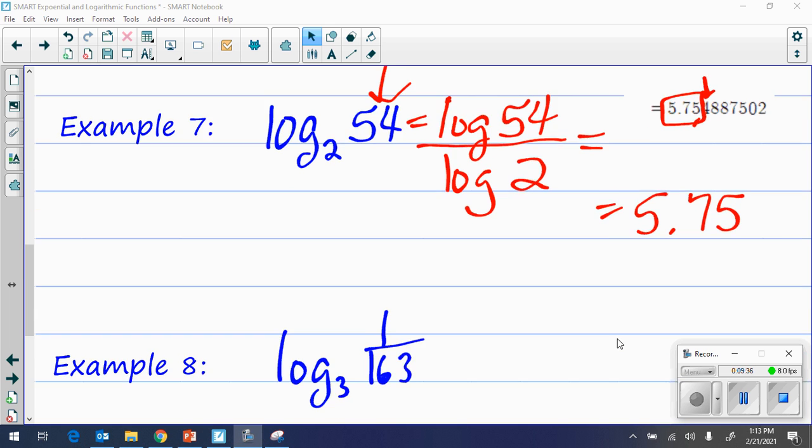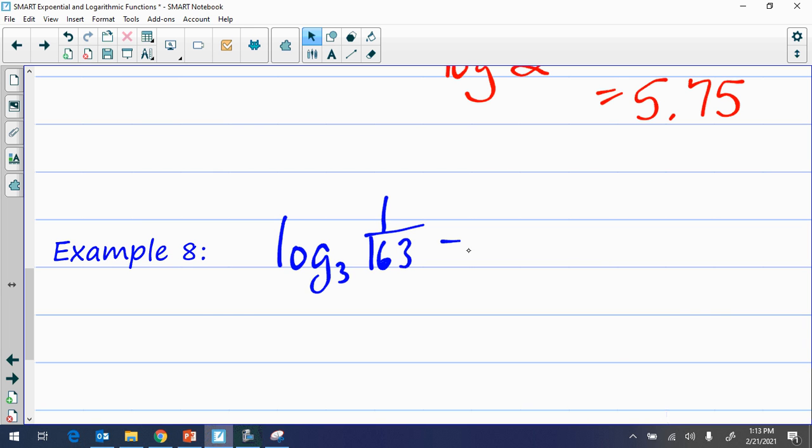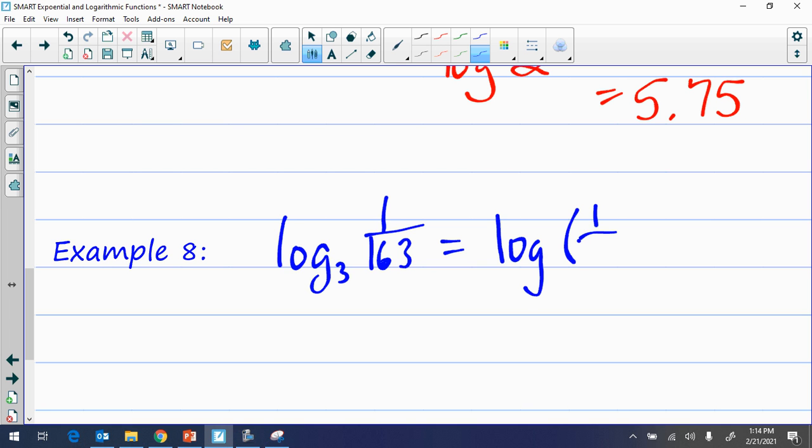Okay, one last example, our example 8, we're going to do log base 3 of 1 over 163. So this one we need to be careful about. When I punch this one in, it's going to be log base 10 of 1 over 163 over log of 3.